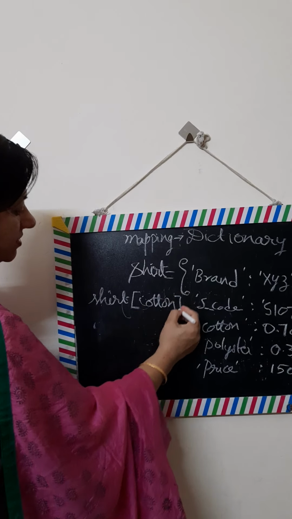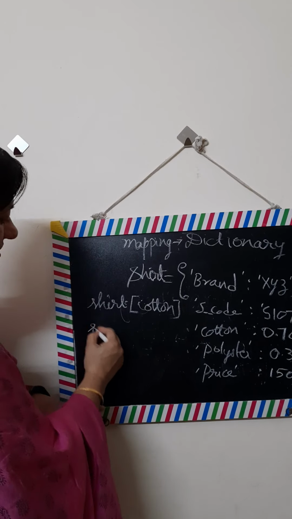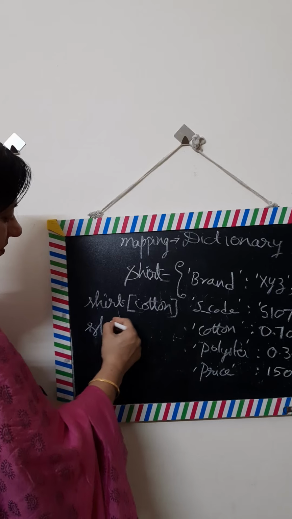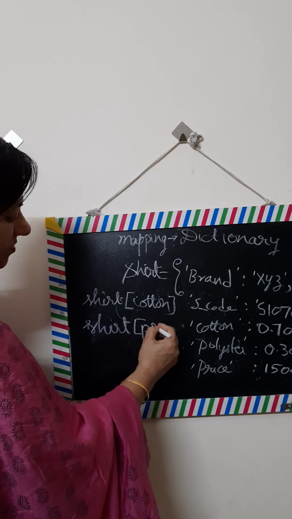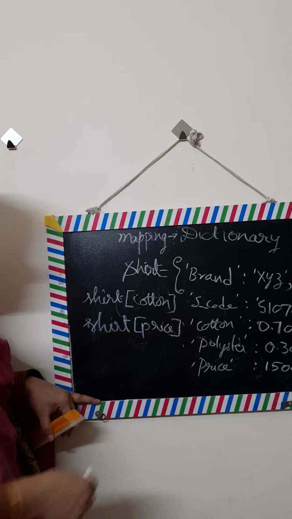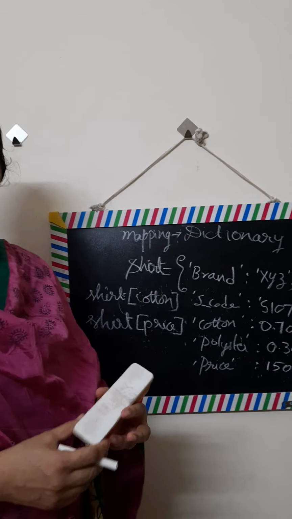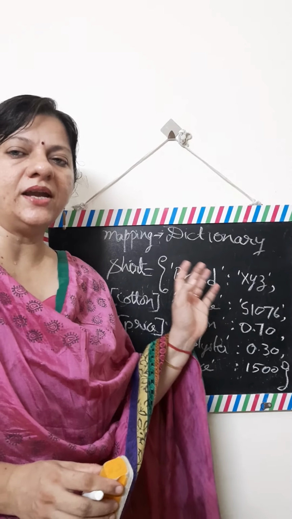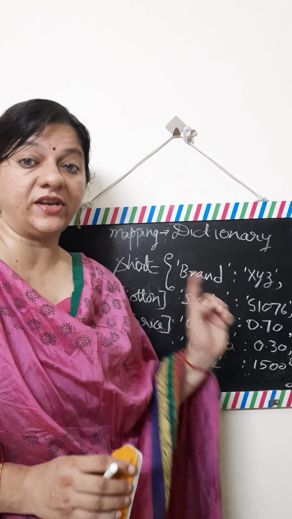It will show me. Similarly, if I say shirt and I say price, it will show me the price, and so on. Right? This is just an introduction and it accesses the value very fast.